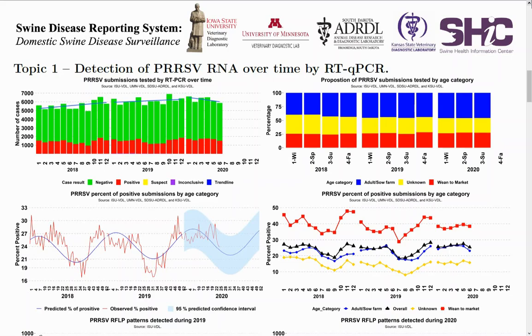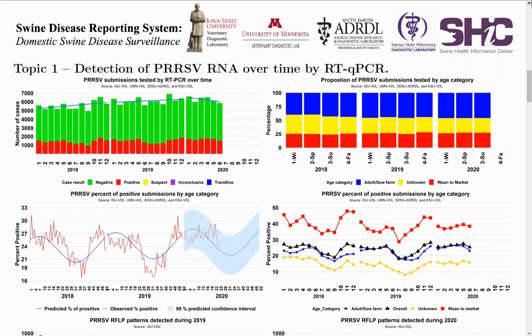So I'm moving out of PRRS right now and going back to 2013, when the pattern of detection of an endemic agent named transmissible gastroenteritis virus did change considerably in the second half of 2013, with a very low detection. The number of submissions that were tested for this agent more than doubled.